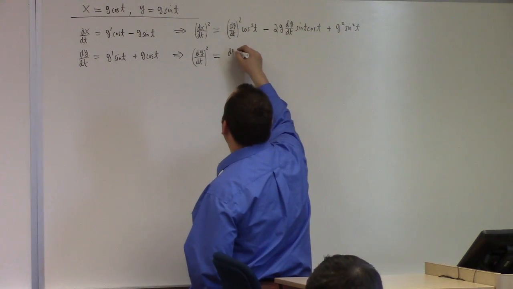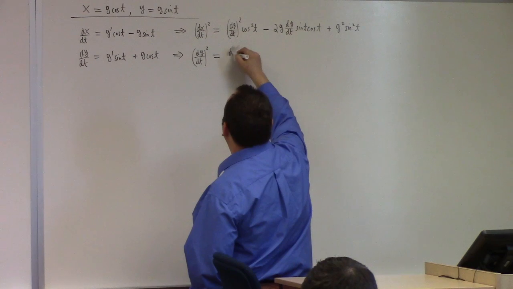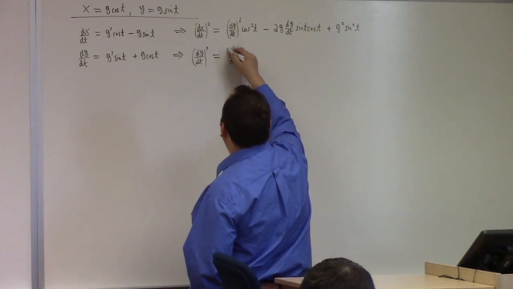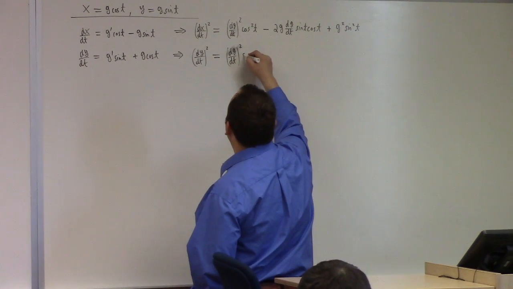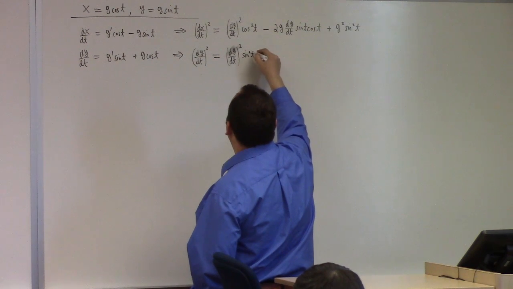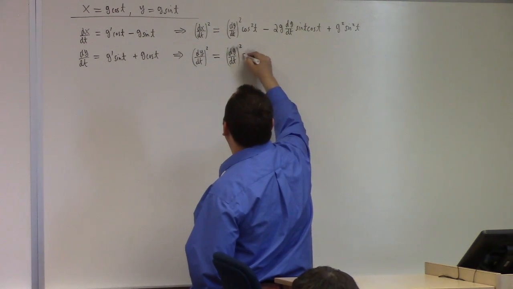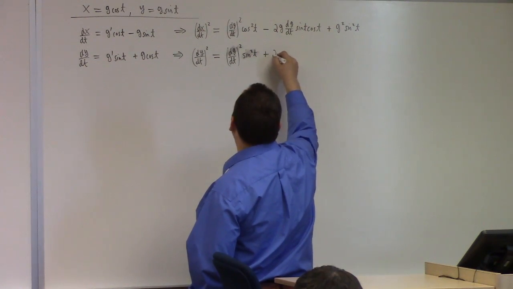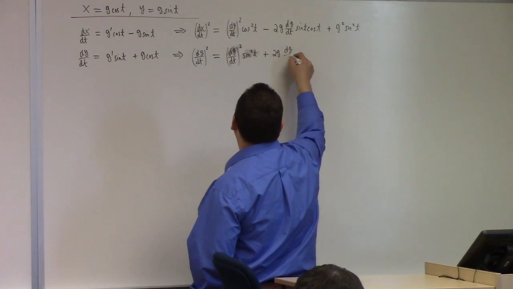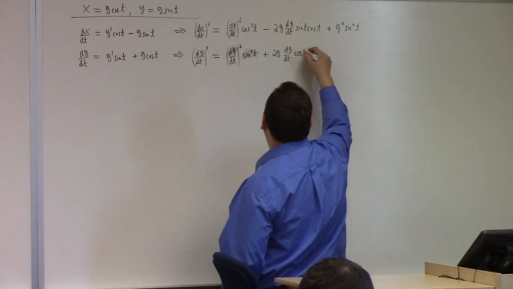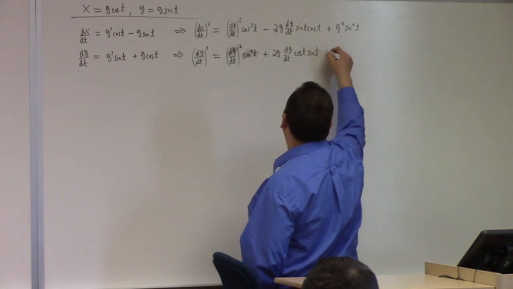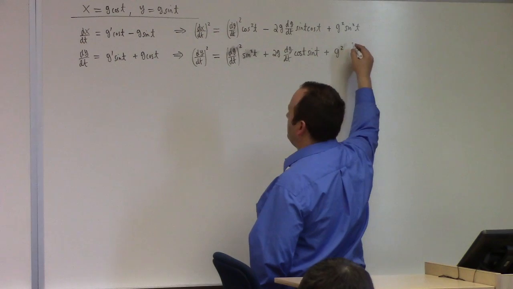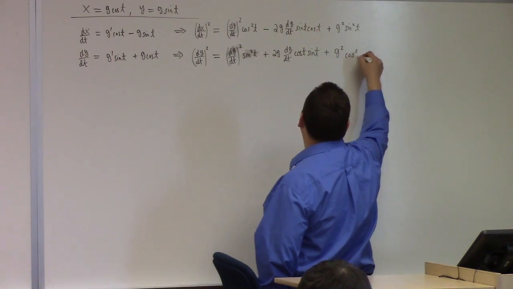Down here I've got dg dt squared sine squared t, plus 2g dg dt cosine t sine t, plus g squared cosine squared t.